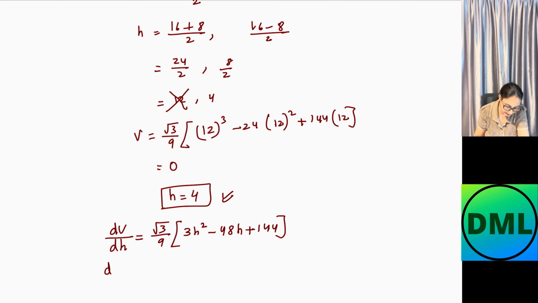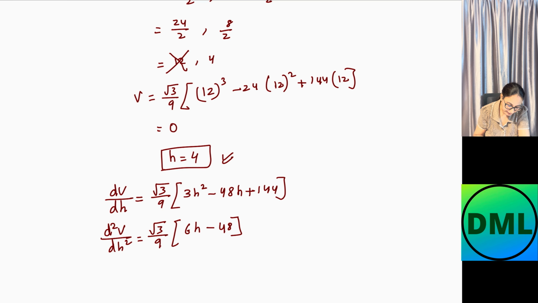Let's double differentiate this one. d²V/dh² is √3/9 times 3h², which becomes 6h, minus 48h, which becomes 48, and 144 becomes 0.